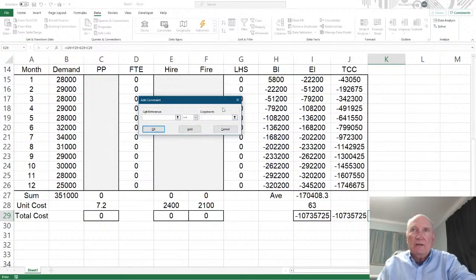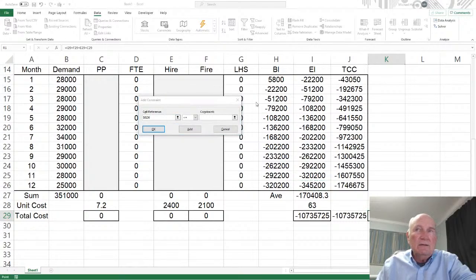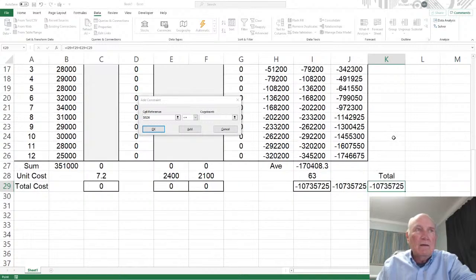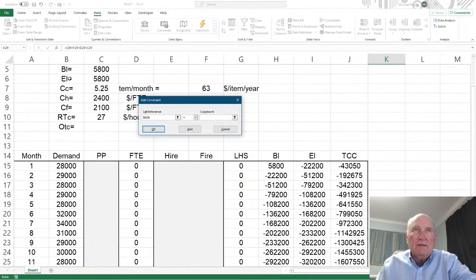And then I want the ending inventory in the very last month, that right there. Can't see it. Let me pull this up. I-26, that right there, is going to equal my ending inventory of 5,800.